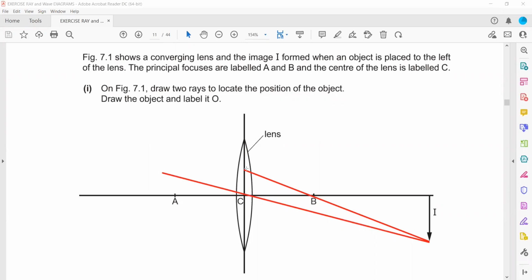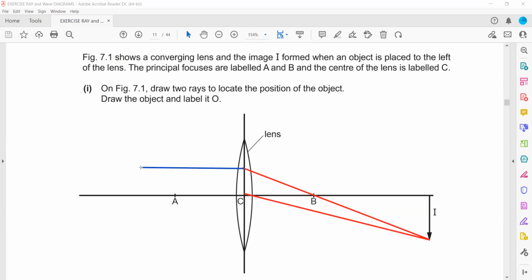If I use different colors, one light ray is passing through the focus after refraction from the lens, another from the tip of the object passing through the center. This light ray which is passing through the focus means it should be parallel to the principal axis. And the one which is passing through the center of the lens was passing straight.